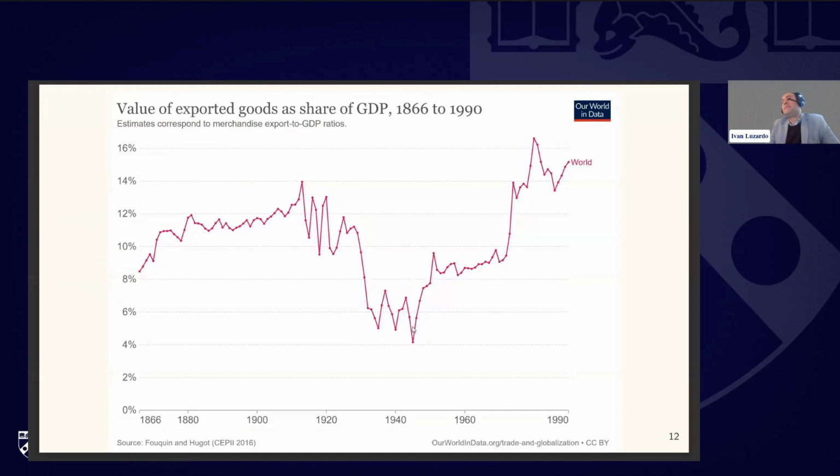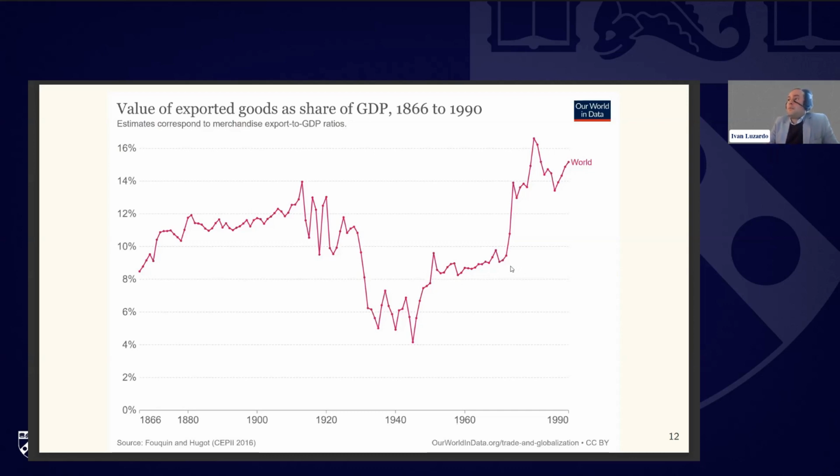Well, we can see the evolution of exported goods as a share of the GDP. So we can notice essentially that the level of integration in terms of trade was higher in the late 19th century relative to the level that we observed for the interwar period, and also the period after World War II.